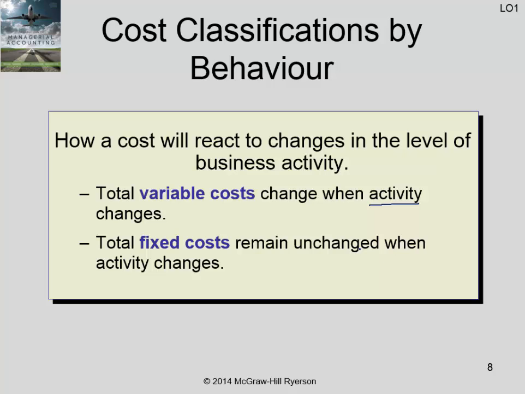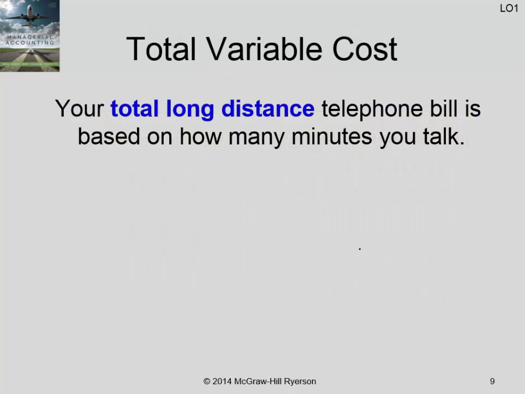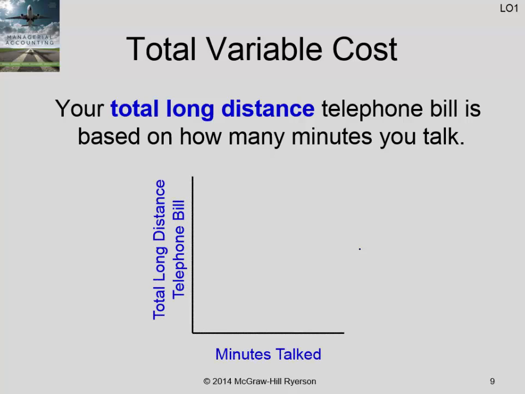So the key here is that costs are either variable or fixed or some combination thereof as an activity increases. The classic example of a variable cost is a long distance phone bill. Every minute you talk on your cell phone, unless you have one of those talk anywhere plans where you pay $1 million, your bill goes up.